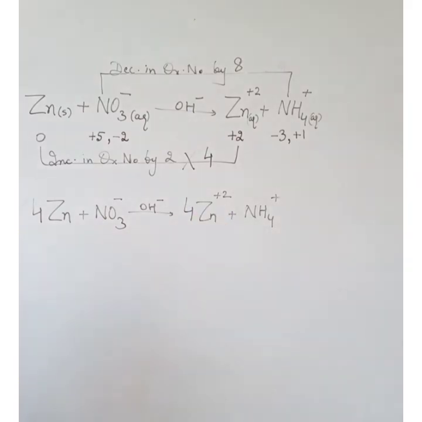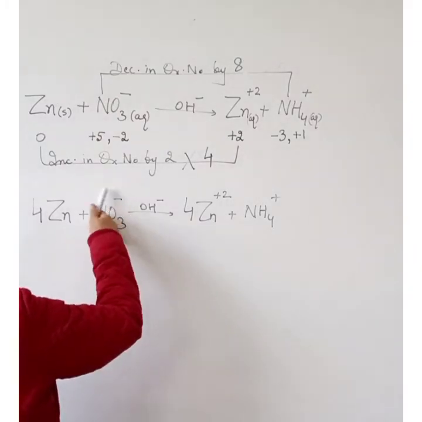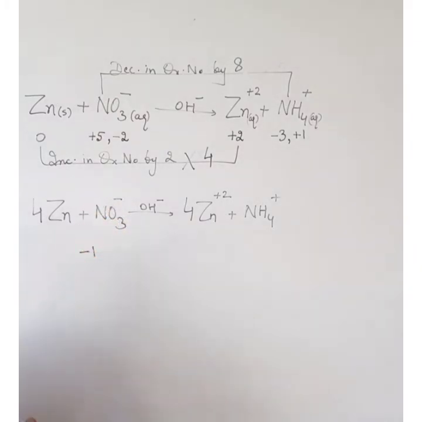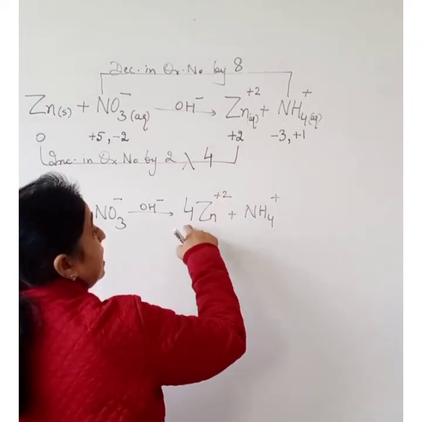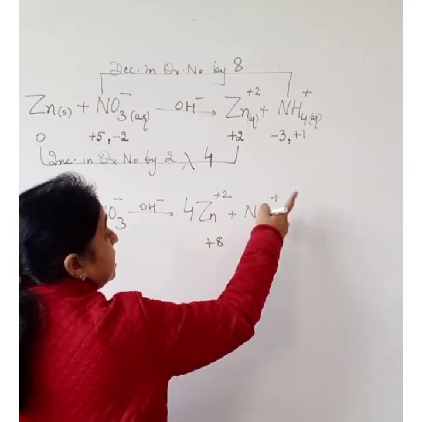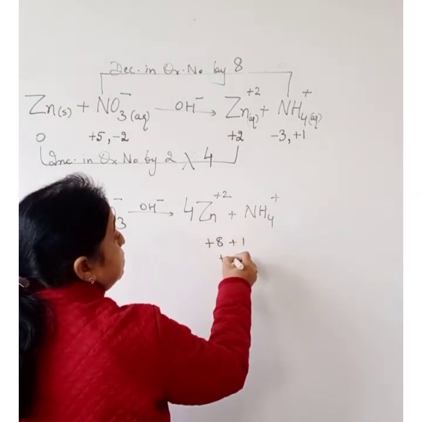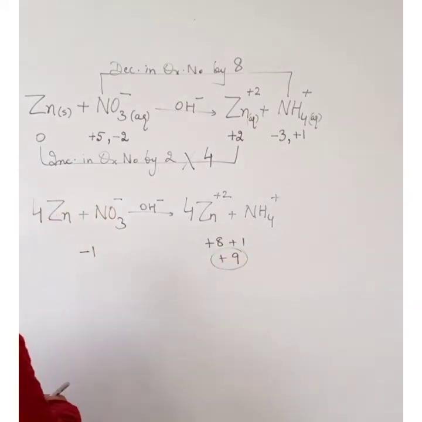Balanced. Now the next step is balancing the charges. -1 is the charge on left hand side. On right hand side, 4 2s are 8, plus 8 plus 1, that means plus 9 is the charge here. And -1 is the charge here. Medium is basic. That means we have to balance the charges by adding OH minus ions.